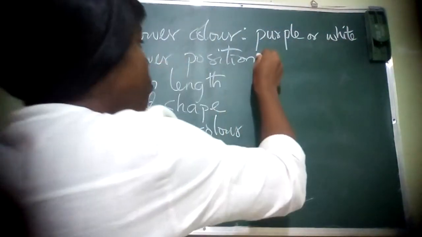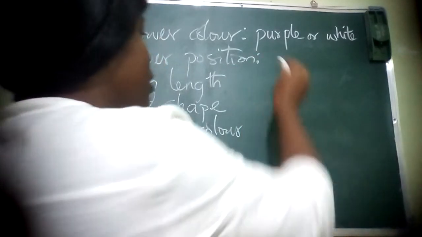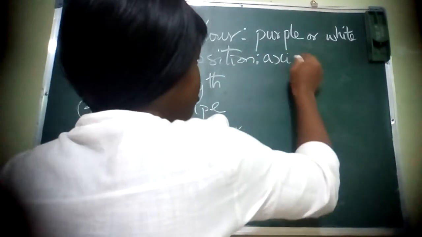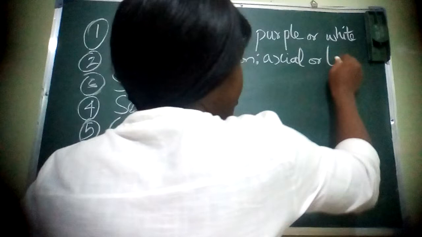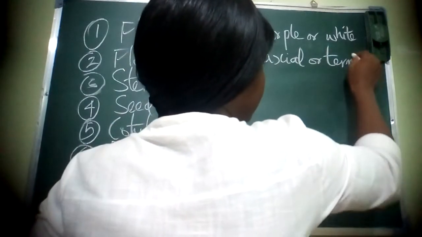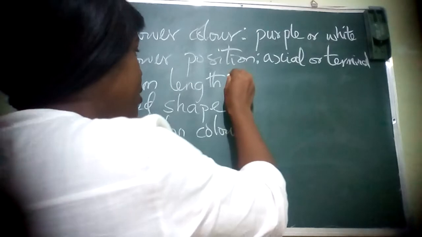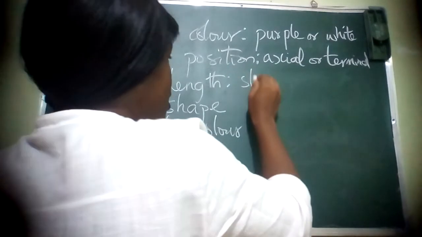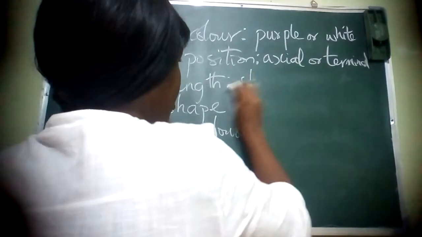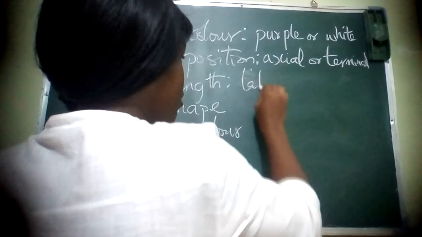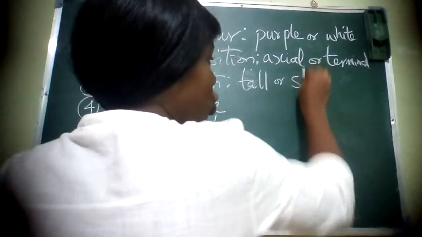And then for flower position, they were either axial or terminal. And then for stem length, you either have a tall or short stem.